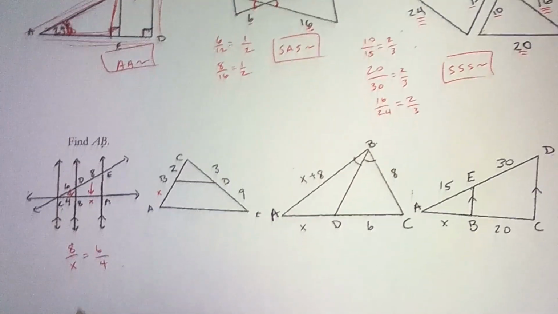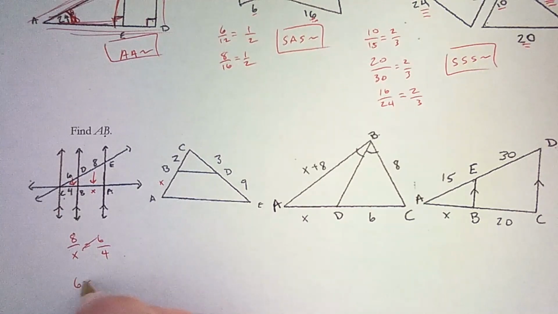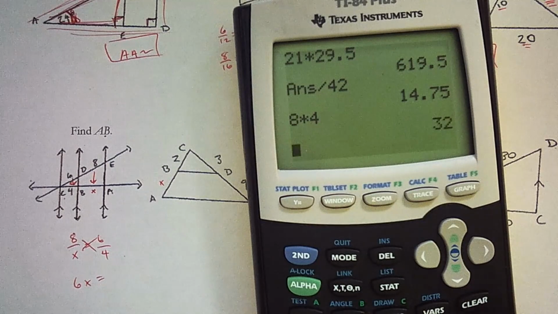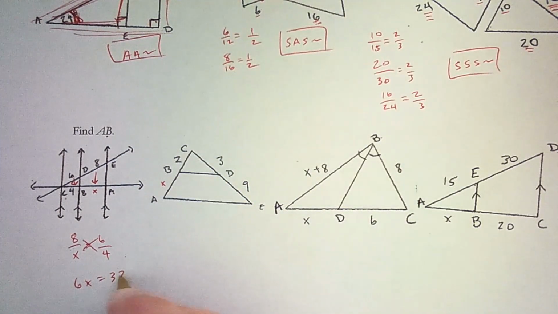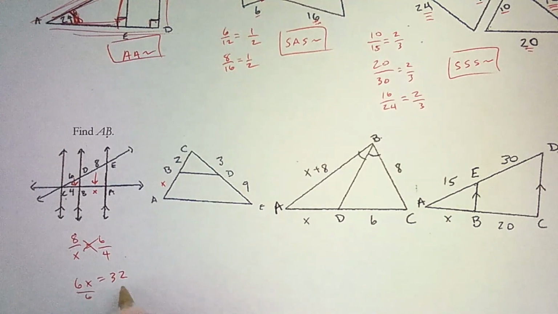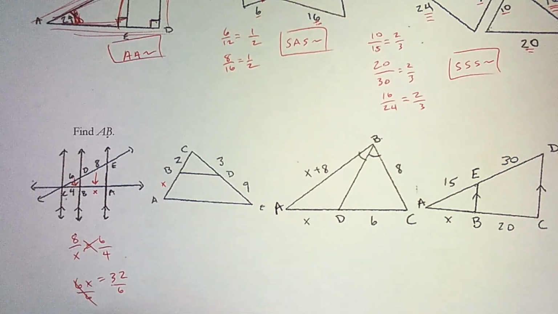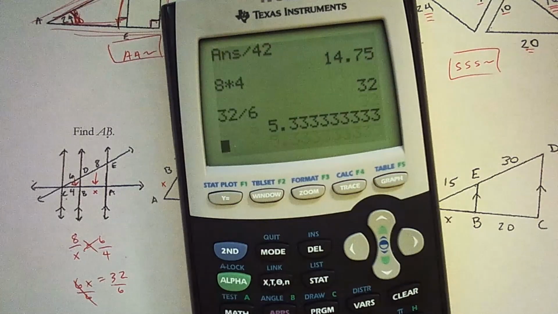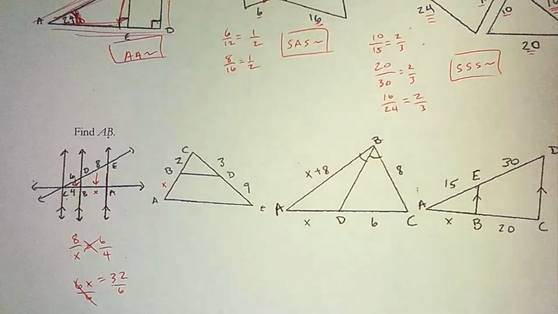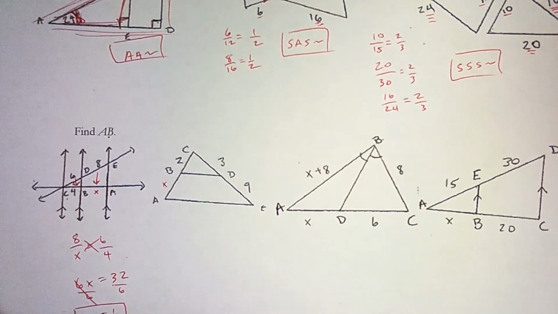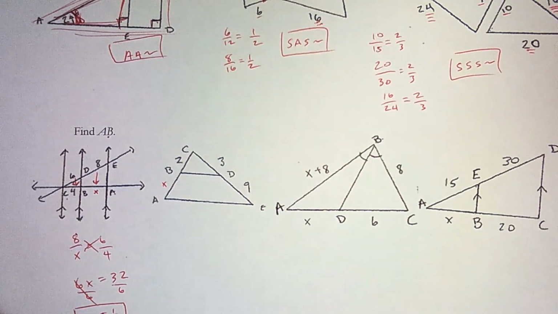And I'll do cross multiplication, 6 times x, and 8 times 4. 8 times 4 is 32. And then I will divide by 6 and get x equals 32 divided by 6 is 5.3 repeating. 0.3 repeating is 1/3, so 5 and 1/3.